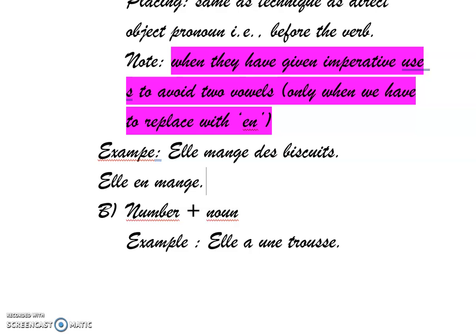Now, the second rule is when you have number plus noun. Here in this example, I have given you une. Une means one. They can also give you trois, deux, cinq, quatre, etc. So here, there is a catch. You have to use, as we did before, we replace through since it is a noun.